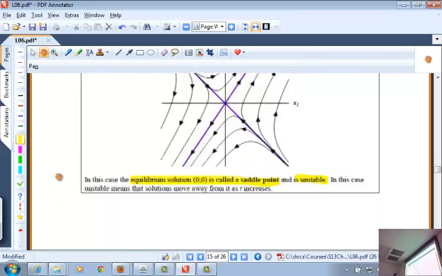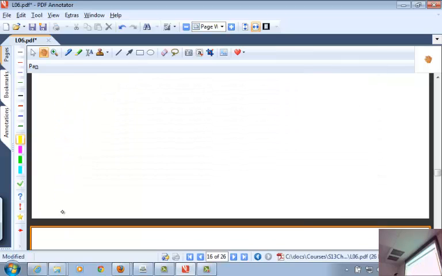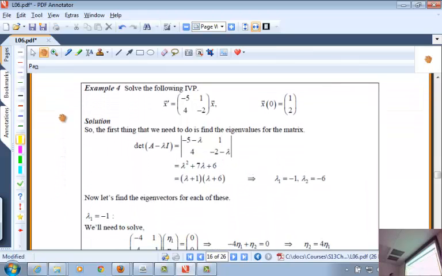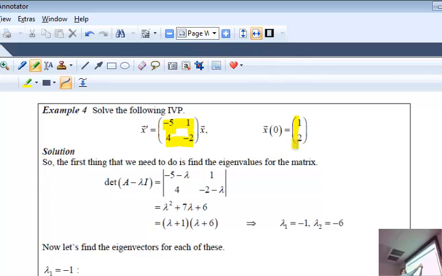And this is kind of repeated for a number of examples, each one giving rise to a different response. So this is another example. The only difference is the choice of this matrix. These are a different set of numbers and a different initial condition. The process is the same.